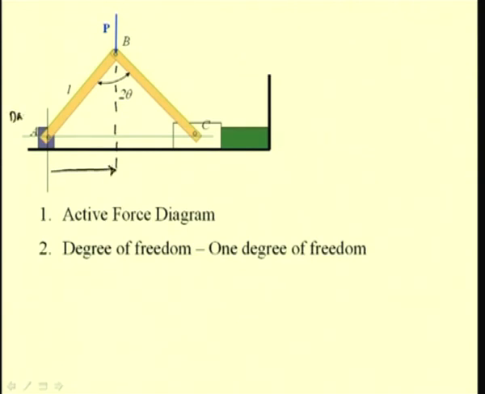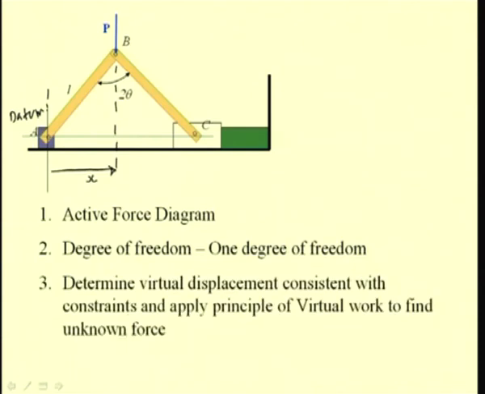If we define this as x, then also the configuration of the various links and the position of this ram can be determined. So, we see that this system is clearly a 1 degree of freedom system.